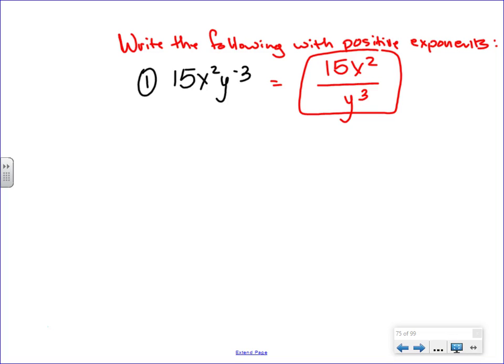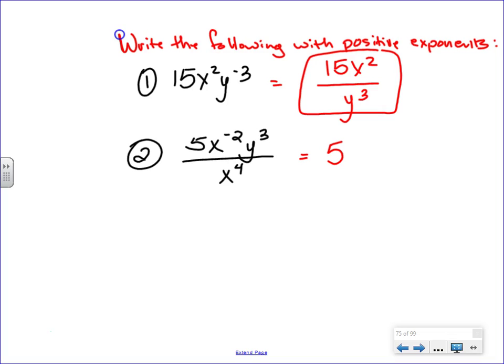Now, what if I was to give you a different one, and this is where it gets a little bit hard. What if I was to do something like 5x to the negative 2, y cubed, all over x to the 4. So fun. Okay, come on. The 5 is the 5 is the 5, yeah?